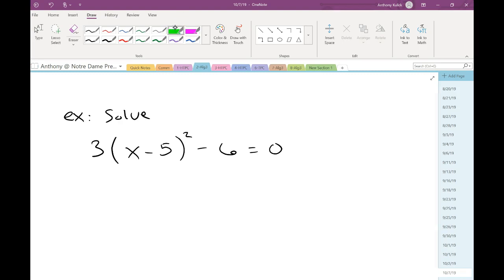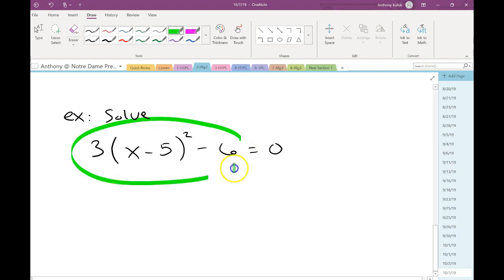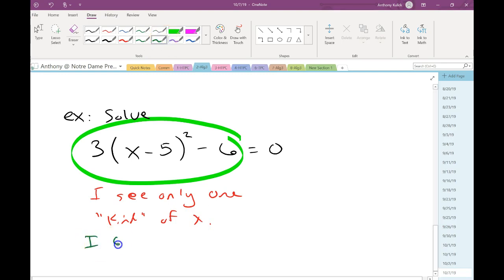What can I do here? Well, if I look at the left-hand side, how many kinds of x's do you see? I see only one kind of x, right? What does that tell me? Well, I can solve this directly, just like the last one.